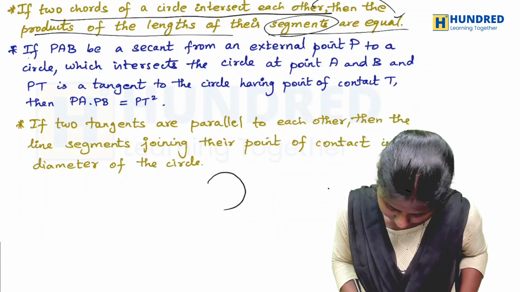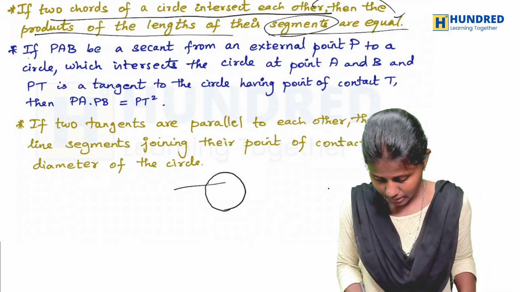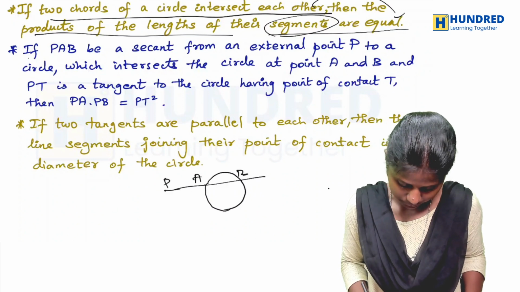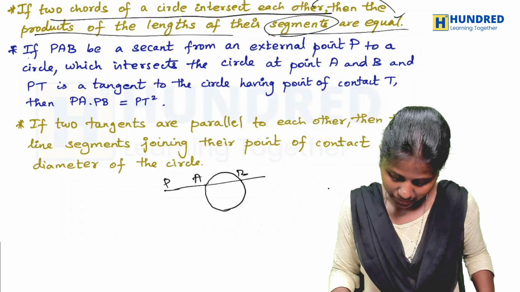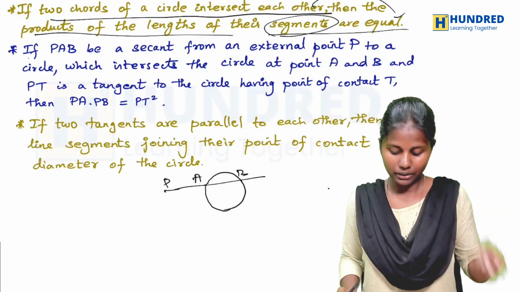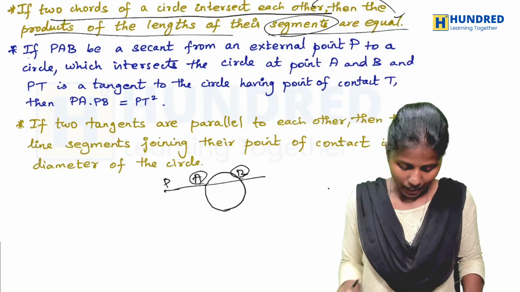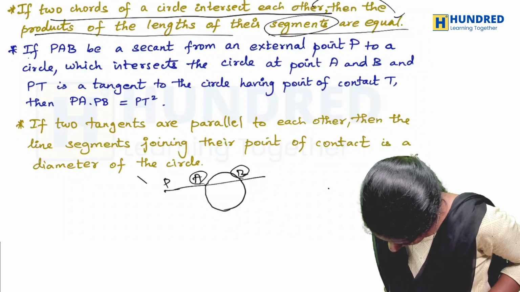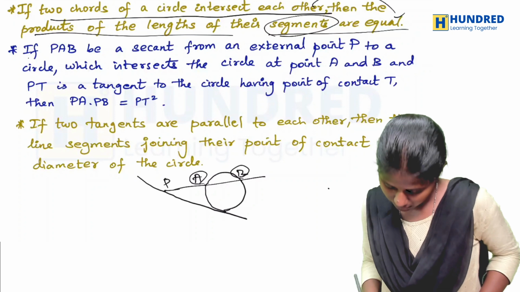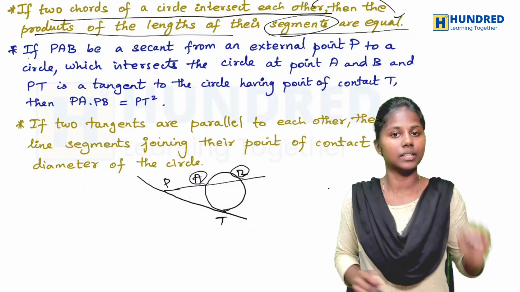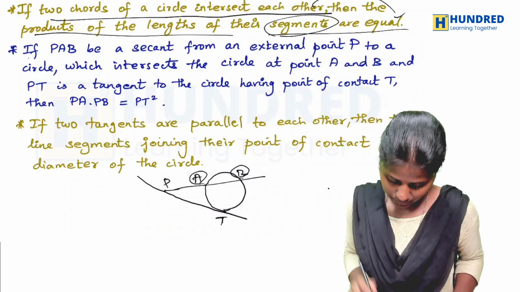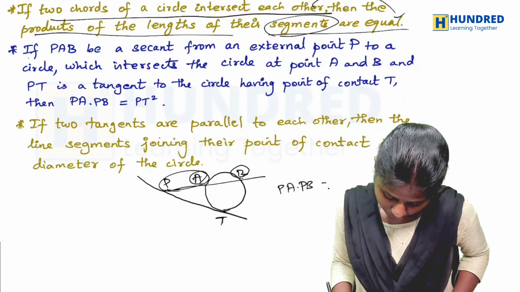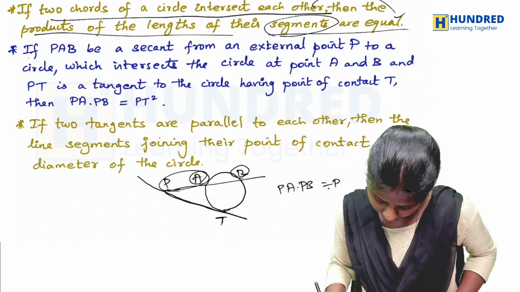So, we are making a circle and drawing a line which cuts the circle at two points called A and B. I'm making a point P as an external point, and a tangent PT which passes through the point P and touches the circle at a point T. Then we can say that PA into PB will be equal to the tangent length PT squared.